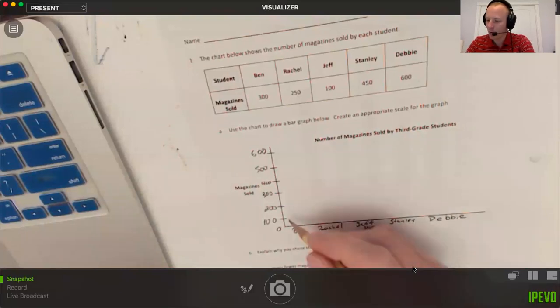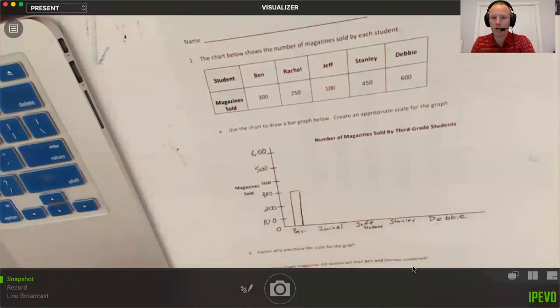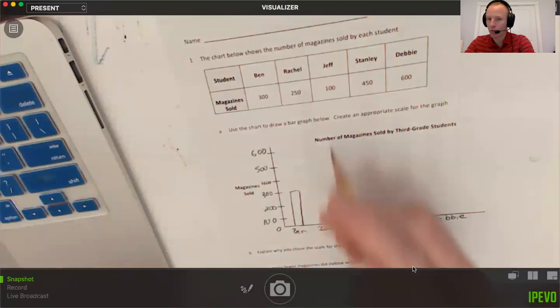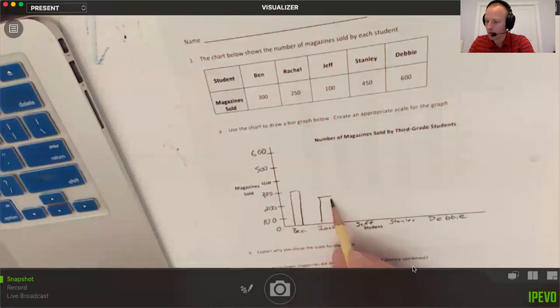Okay, so Ben sold 300. So I'm going to make a rectangle for Ben that goes to 300. Rachel sold 250. Well, again, we don't have 50s on here, but we know that 250 is halfway between 200 and 300.